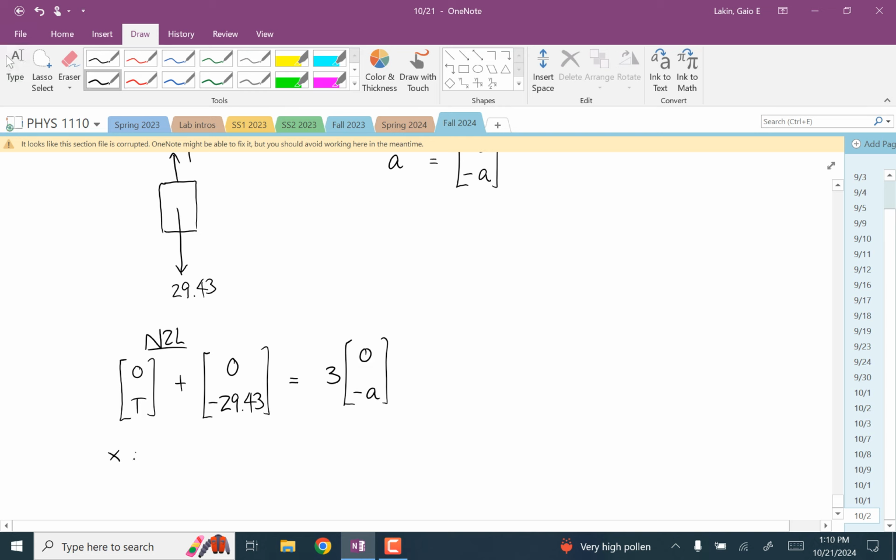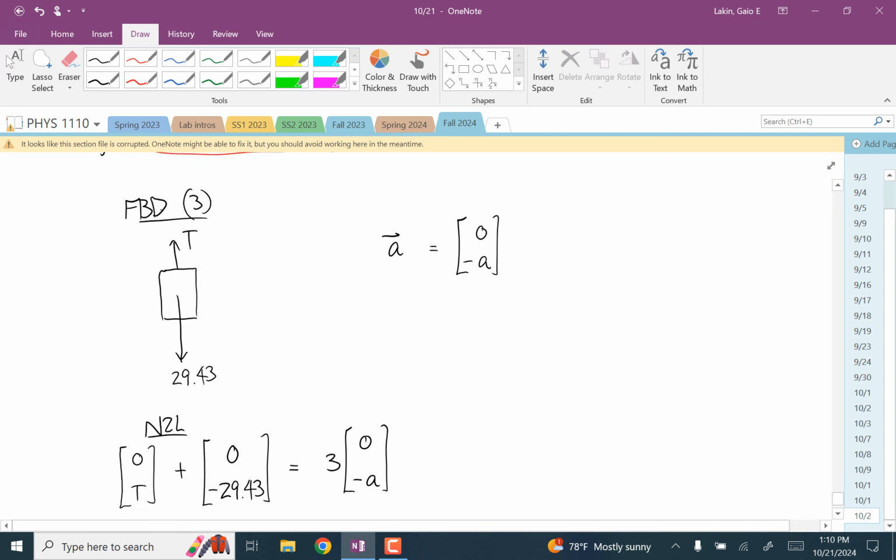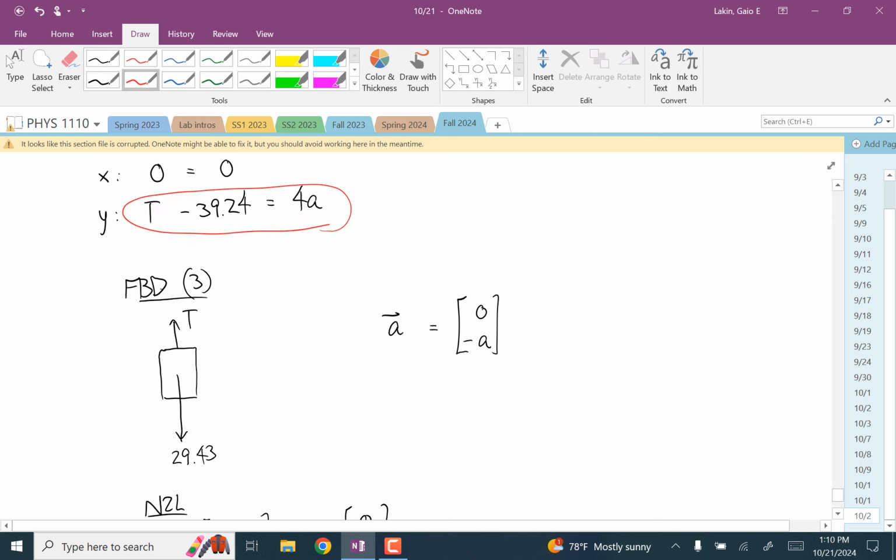Again, the X equation doesn't give us anything. But the Y equation says T minus 29.43 is equal to negative 3a. And so now we're going to solve these 2 circled equations by substitution.